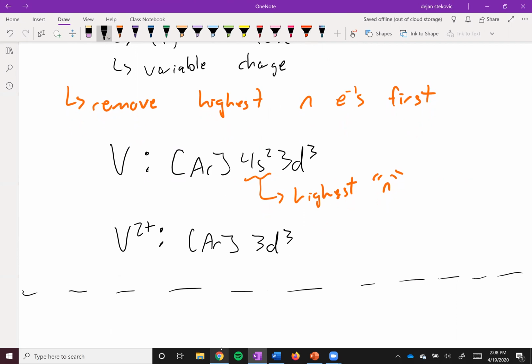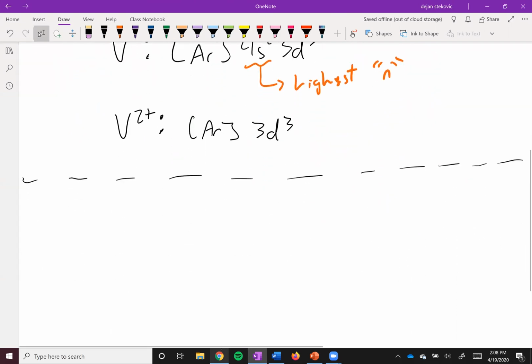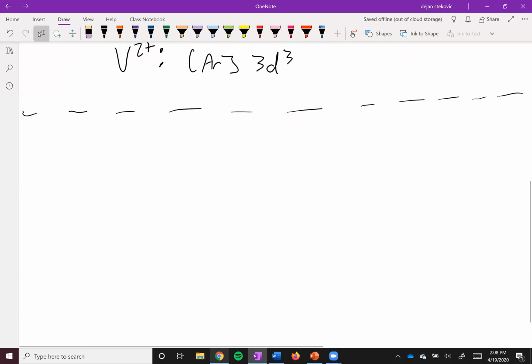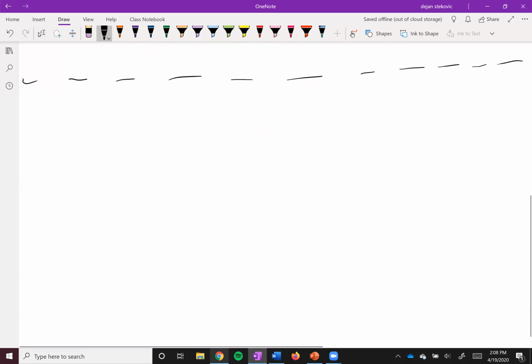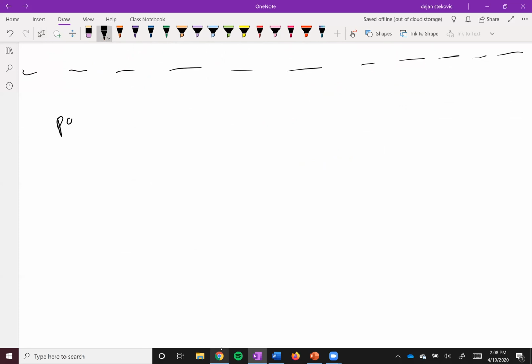And this has been shown to happen experimentally. So let's take a look at how we can prove this experimentally. And that's through the difference between paramagnetism and diamagnetism. So a material can be paramagnetic or diamagnetic.